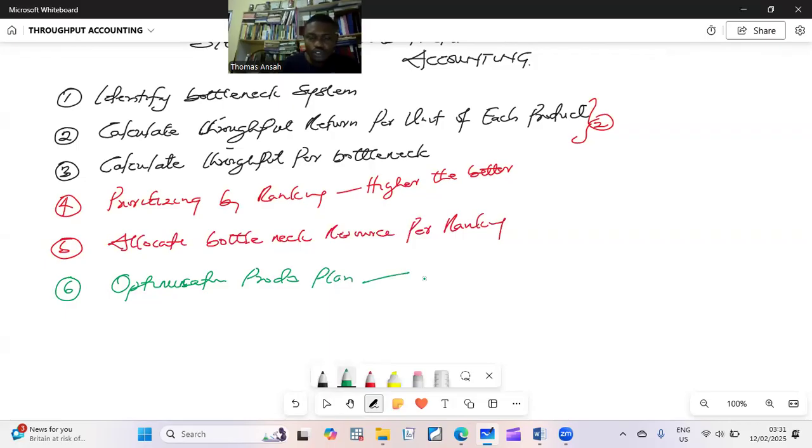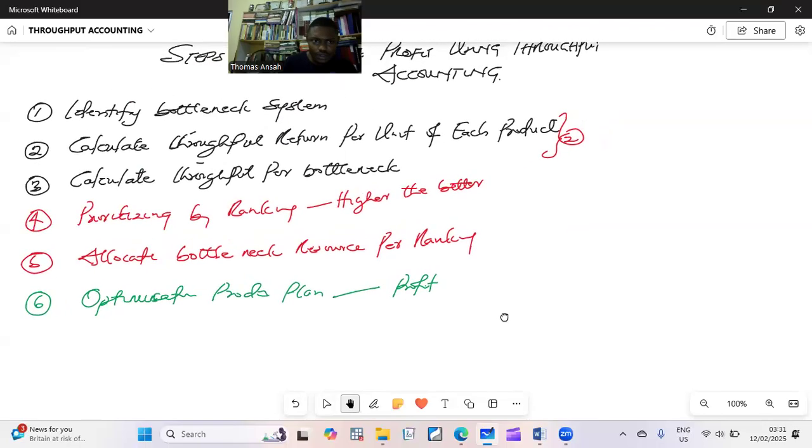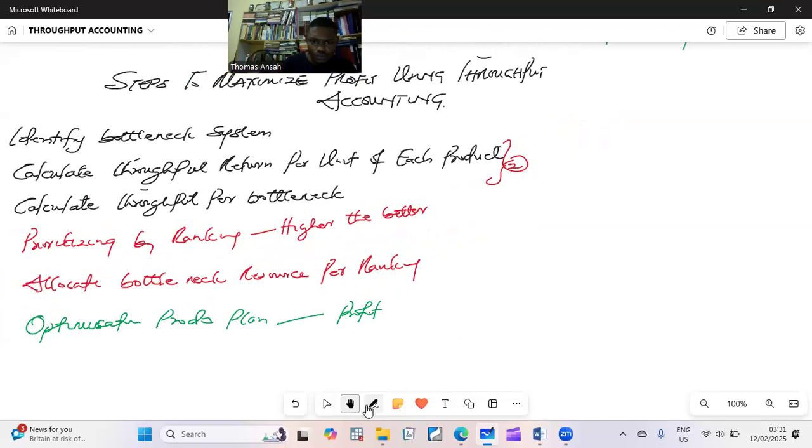So to know your profit. These are the 5 steps that you need to go through. It's very, very important. And to help you do your ranking and prioritization, you have to do your throughput accounting ratio. Very, very important.